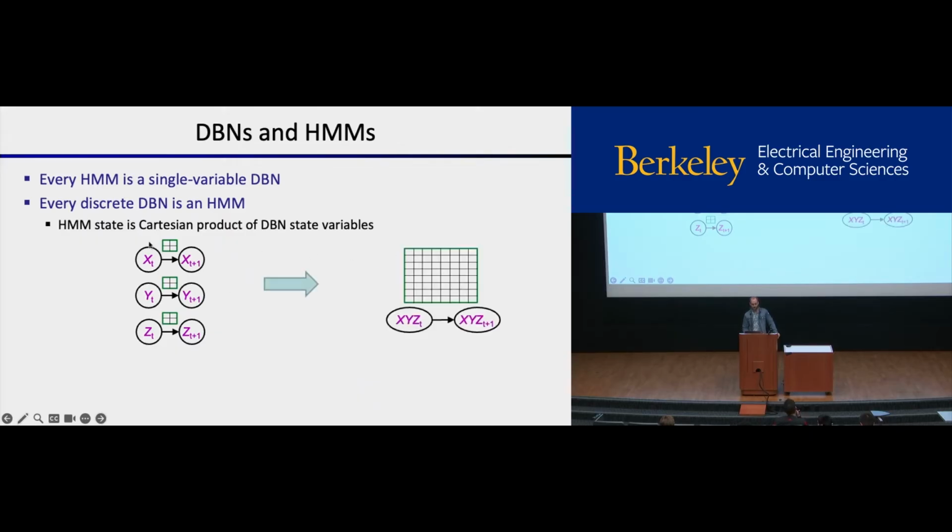And let's say each of them can take 2 values. Here's the conditional probability table for this given that, the transition matrix. And you can convert this into this 8 by 8 transition matrix because there's 2 values this can take, 2 values this can take, 2 values this can take, so 8 values that this joint variable can take, so 64 numbers you need to write in. You can see why you don't always want to do this if you have lots of variables.